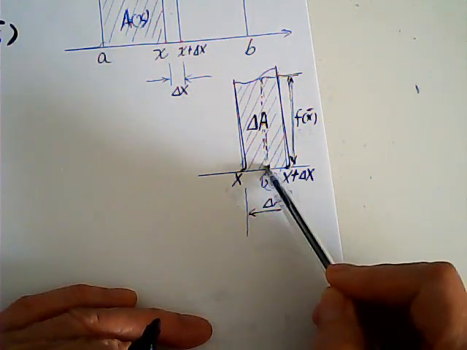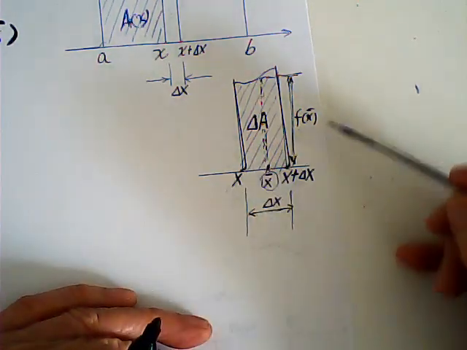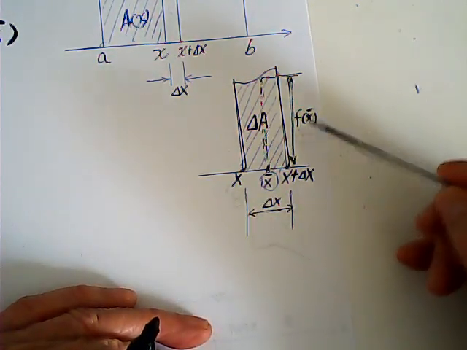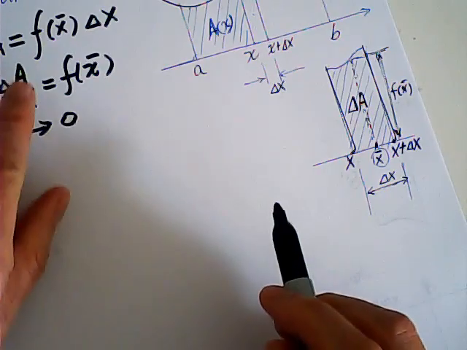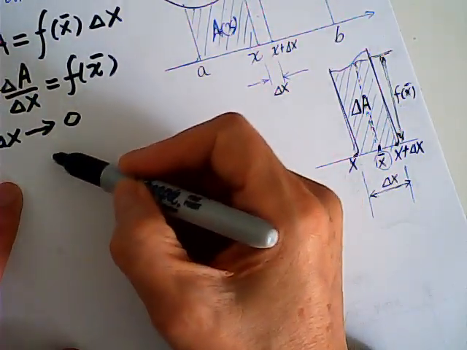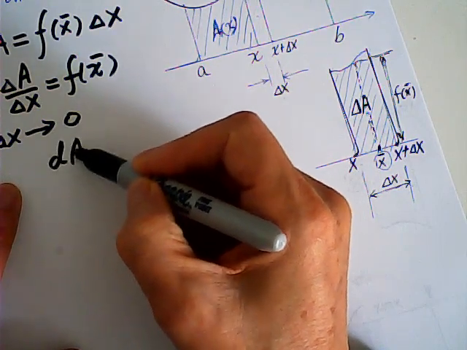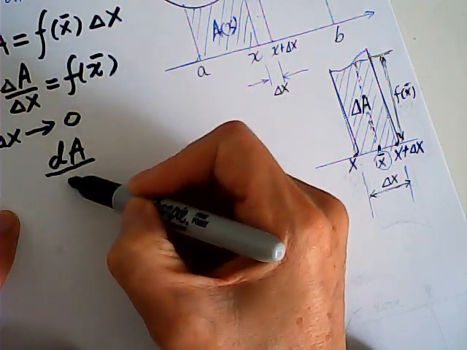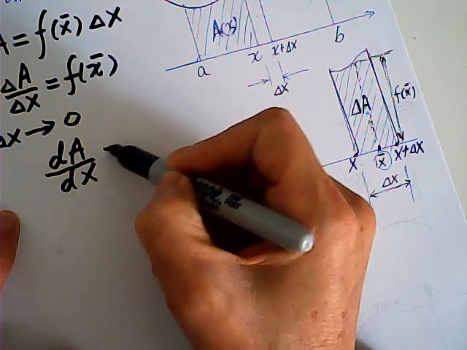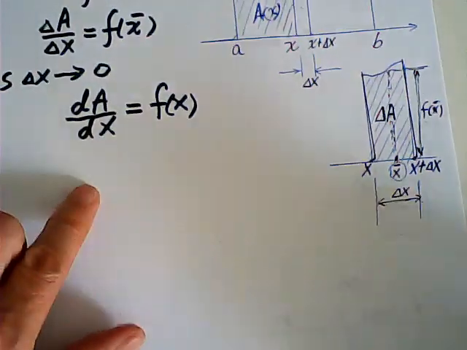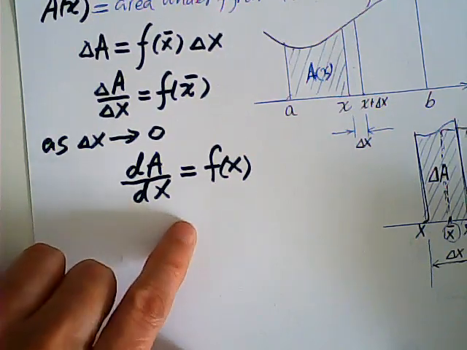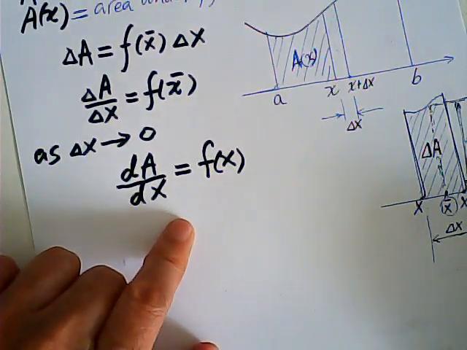If this point moves towards x, then f of x bar is f of x, right? This height is f of x. The left-hand side is the derivative of A with respect to x, which is equal to f of x. That is the key. This is the key step.